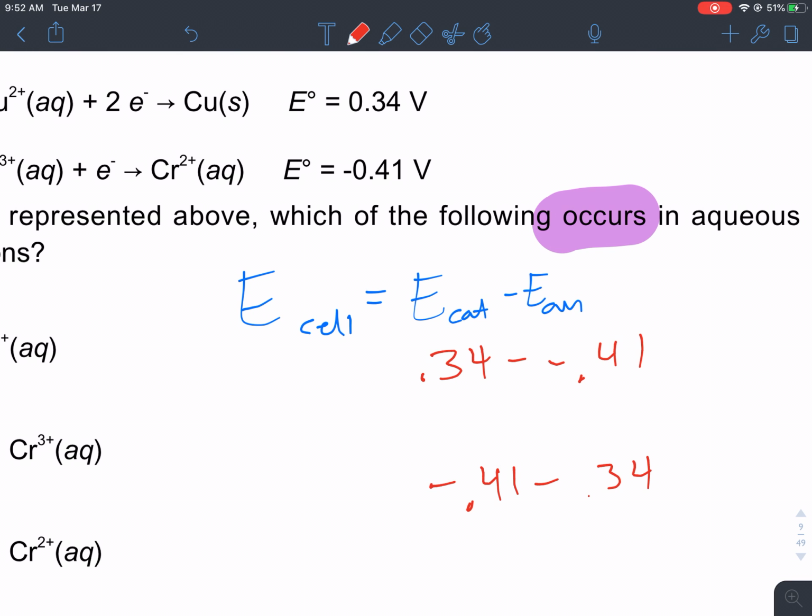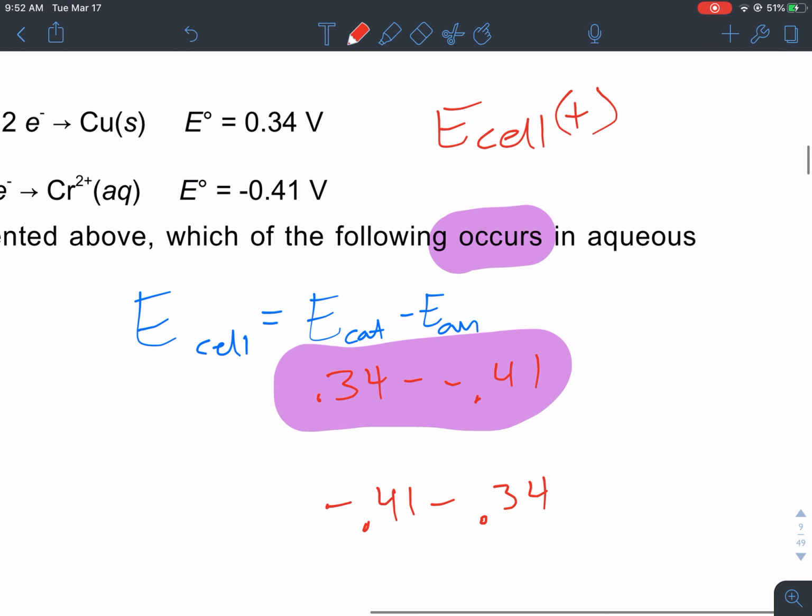I hope you can see that the top one is where your E cell is positive. So this must be the answer. Your E cell must be positive for your delta G to be negative. When E cell is positive, delta G is negative.